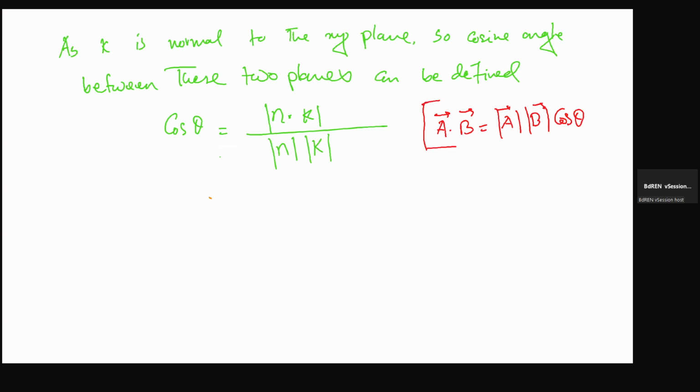So from this relation, we can write this relation. We know that k is the unit normal, so we can write n dot k, where n is a vector, this is also a vector, divided by mod of n. This is the mathematical formula to determine the inclination angle of a tangent plane.